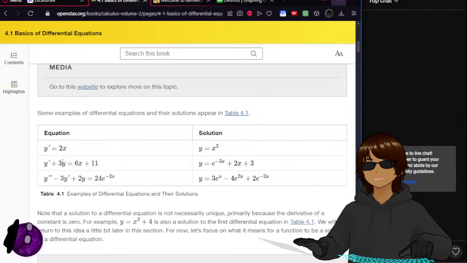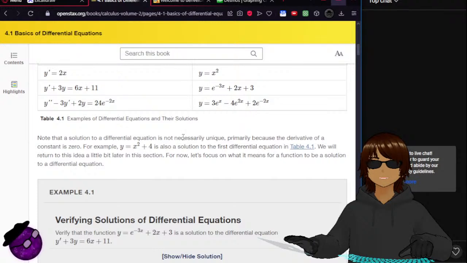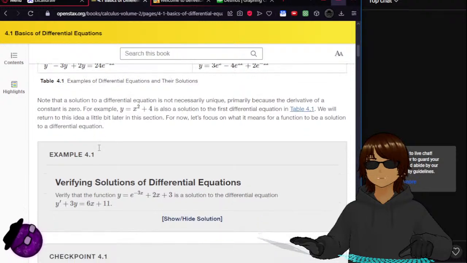But the unknown function might appear like this. Note that a solution to a differential equation is not necessarily unique, primarily because the derivative of a constant is zero.